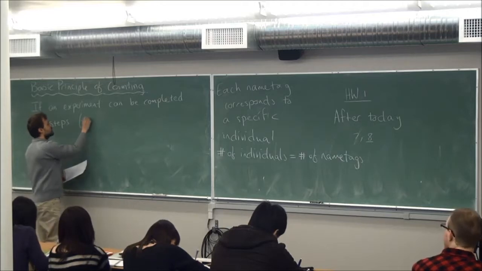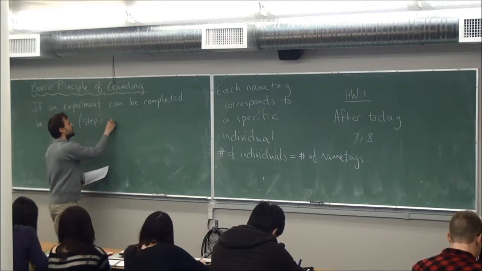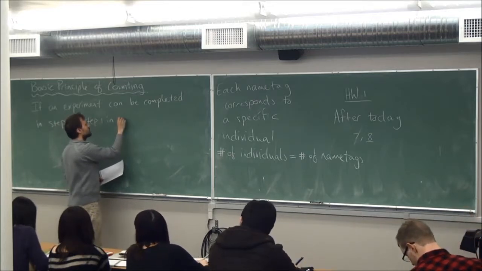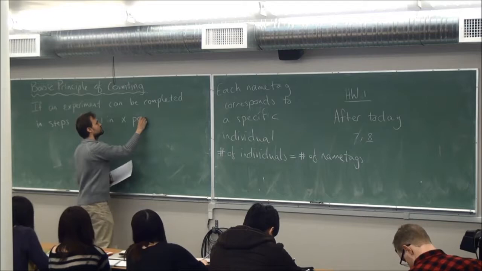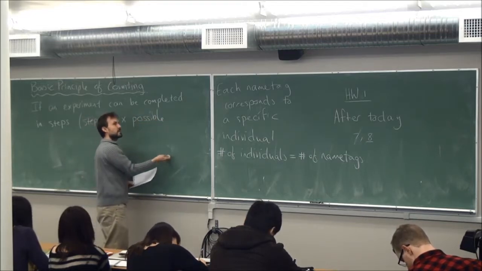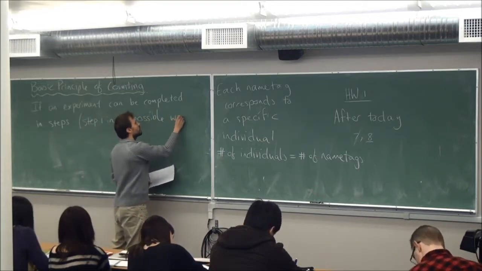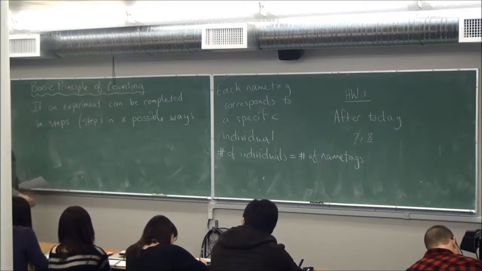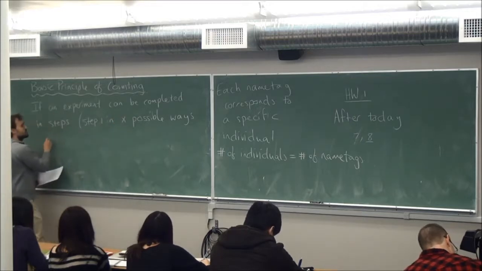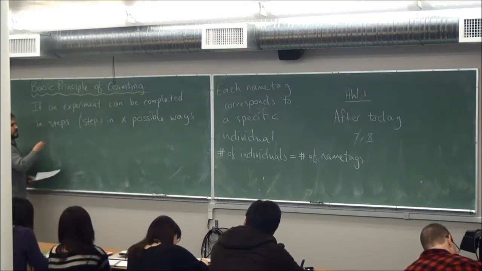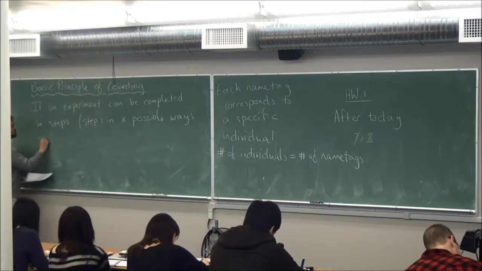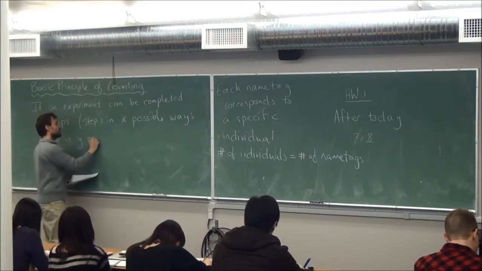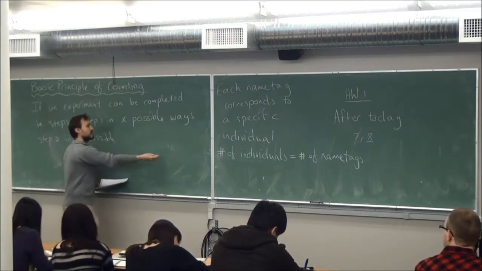Let's say here, I can do step 1 in, let's say, X possible ways. I don't know how many. In our example, it was 3. But it could be anything. There could be many different types of individuals. So it could be any number. Step 1 can be completed in X possible ways. Step 2 can be completed in, let's say, Y possible ways, another number. In our example, it was a 4.